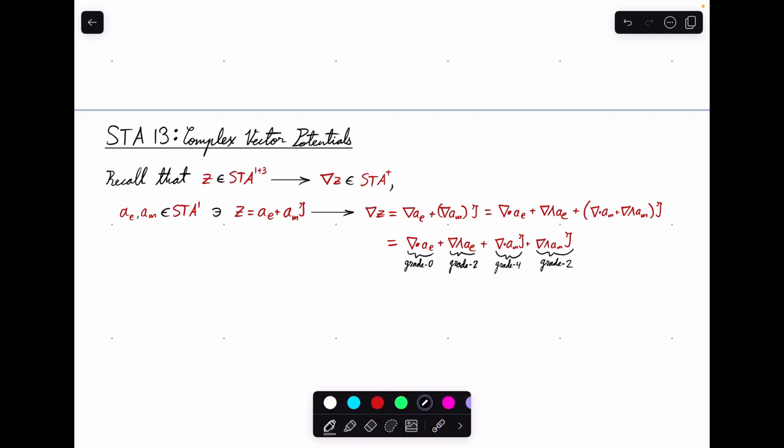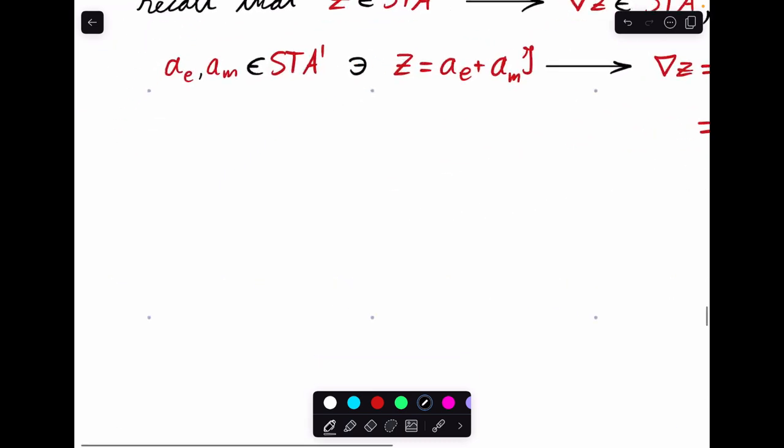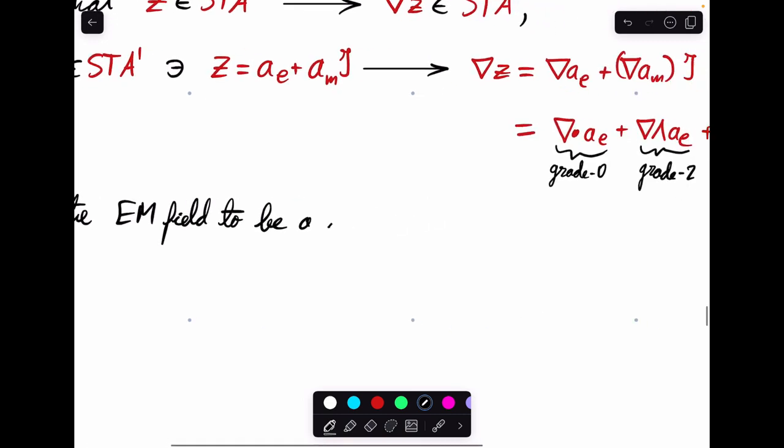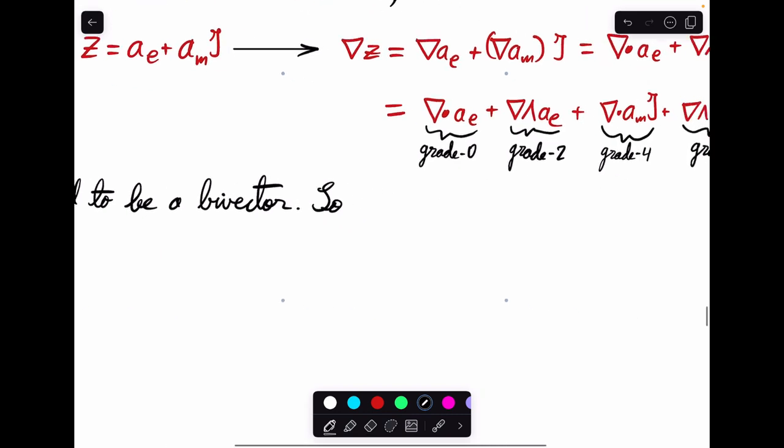So we say this: we need the electromagnetic field to be a bivector.